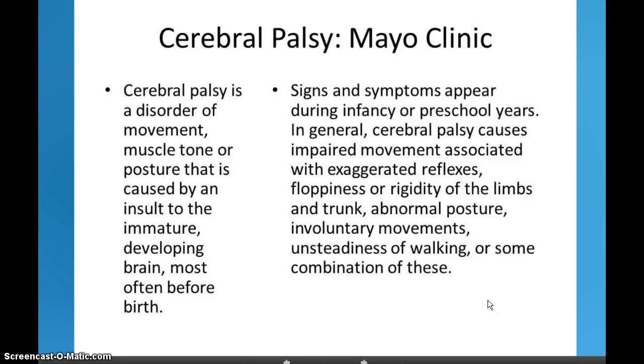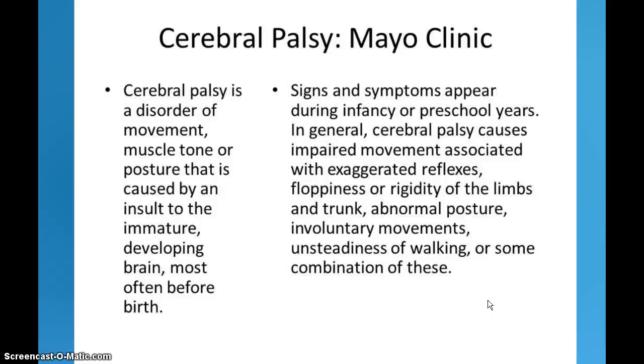So a few specific conditions that we'll talk about in this class. Cerebral palsy, and I already mentioned to you that this is what Colton has. It's a disorder of movement, muscle tone, or posture that is caused by an insult to the immature developing brain, most often before birth.